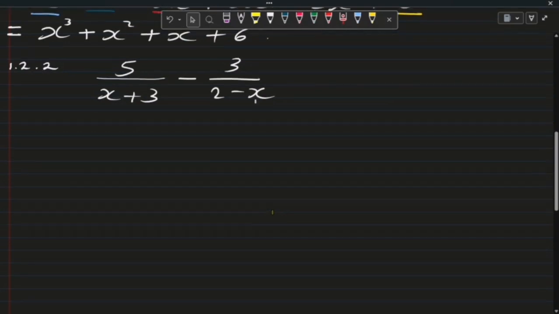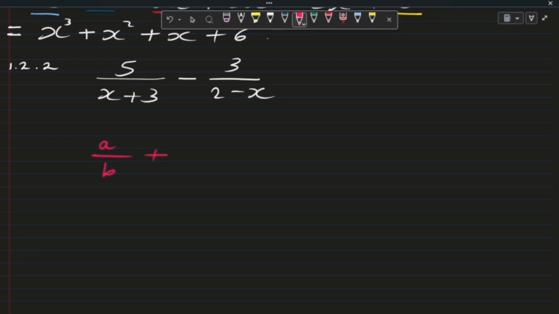So what do we do in this particular situation? You will remember back when we were still in primary school, we dealt with fractions, the adding and subtraction of fractions.